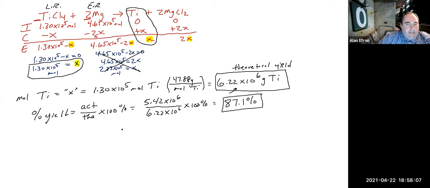And again, if you wanted to, or were asked, how much magnesium chloride, you could put the x value into there and figure out the moles, use the molar mass and figure out how many grams you would produce pretty quickly. If you want to know how much of the excess reagent was left over, you could put the x value into this.